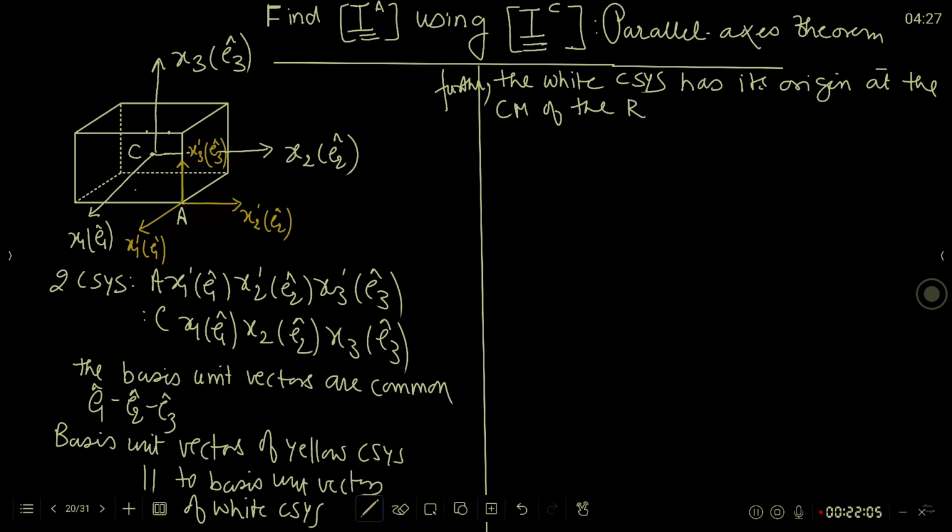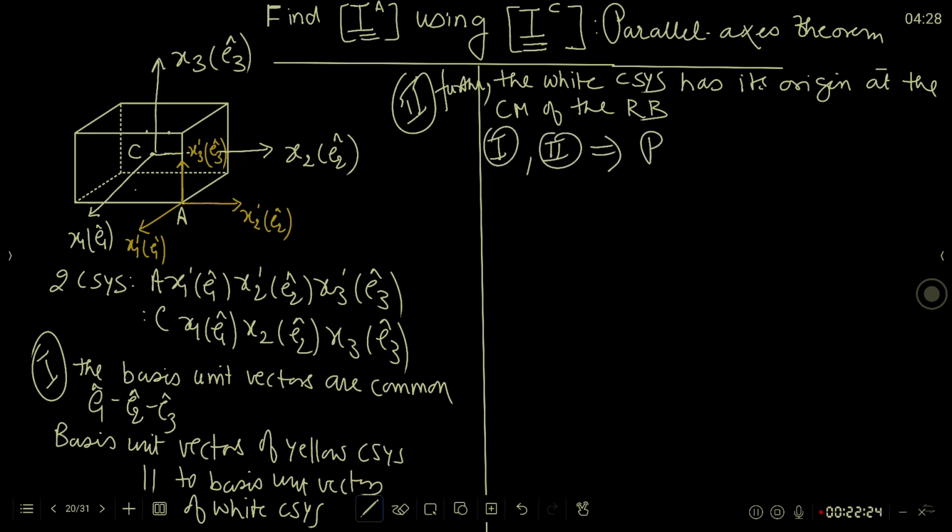Both these conditions are required for us to be able to use the parallel axis theorem. I will call this 1 and this 2. So 1 and 2 mean the theorem can be applied.